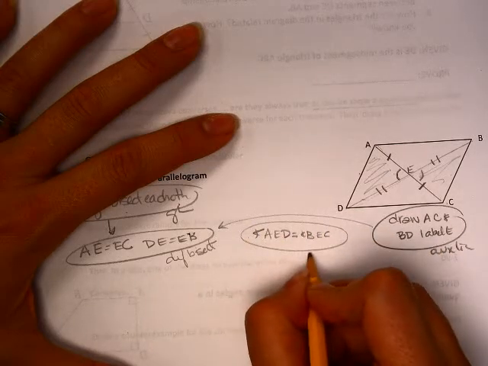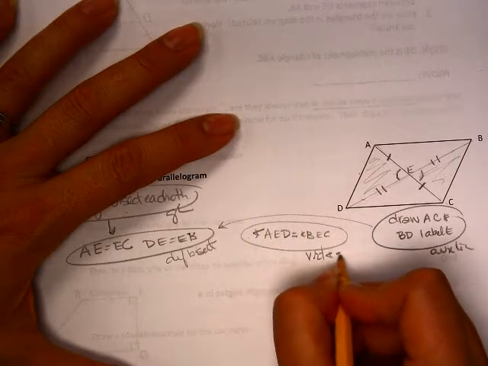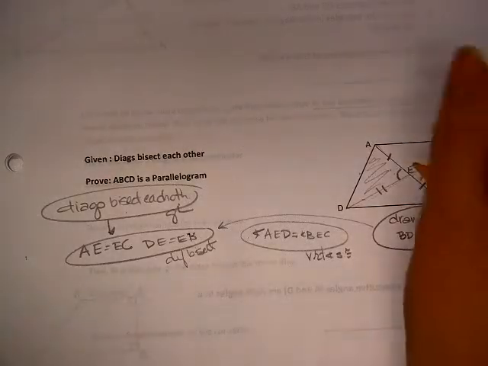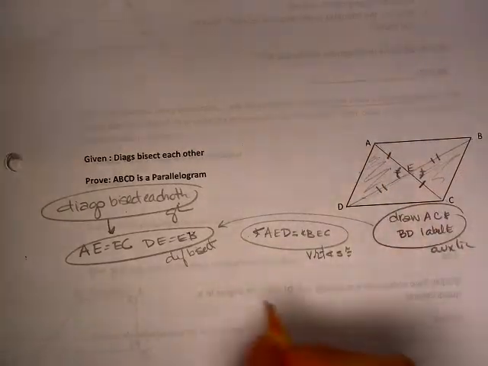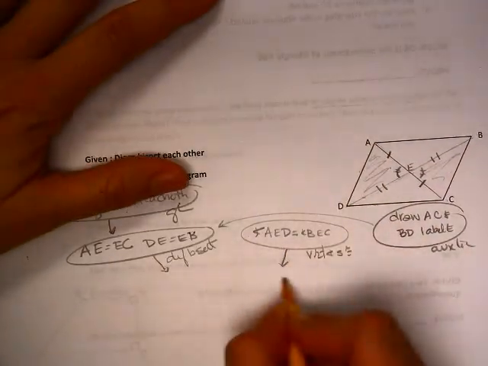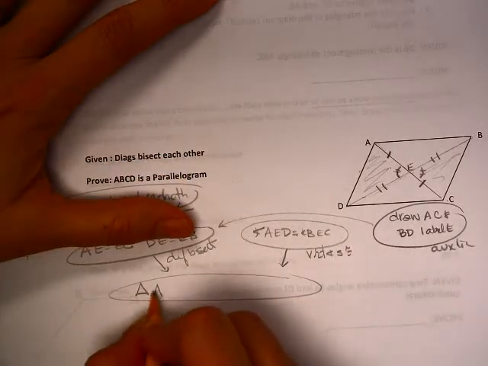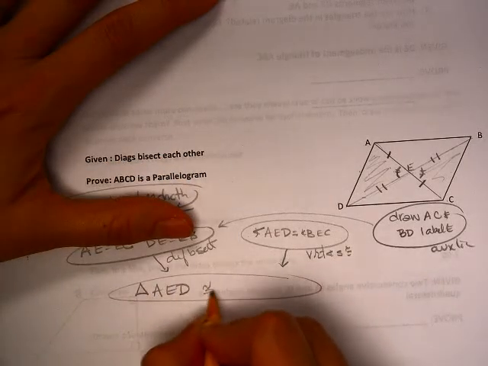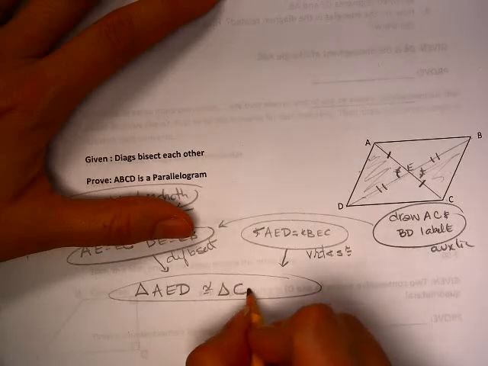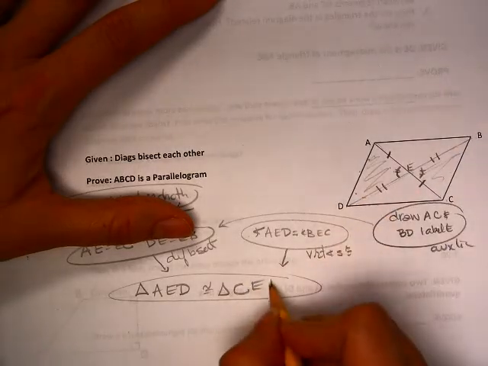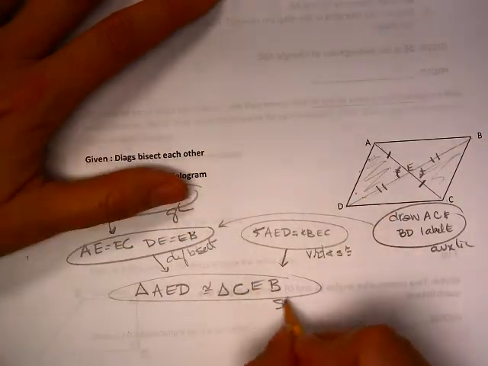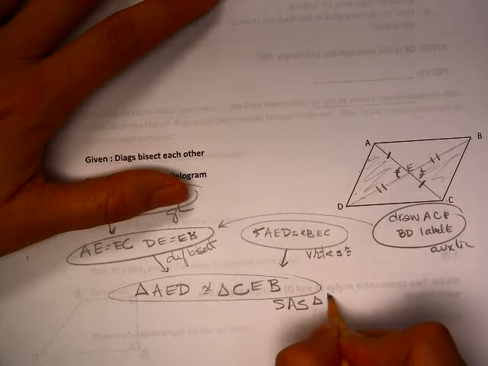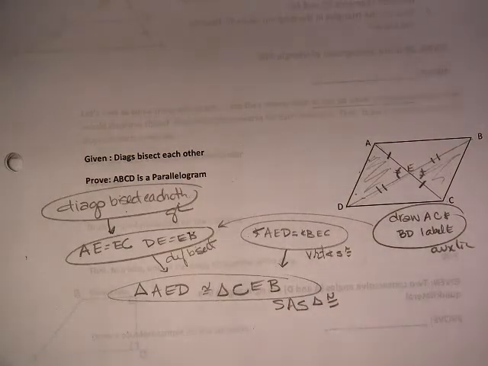And that is vertical angles are equal to each other. So I've got congruent triangles. So let's state that and then see where that takes us. A goes with C and D goes with B. And my reason is SAS. So I still need that it's a parallelogram.